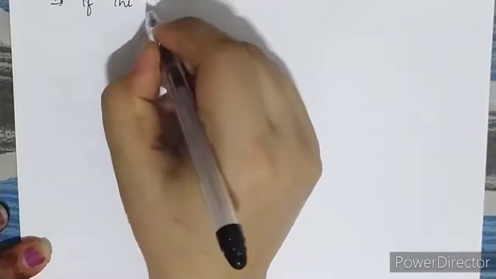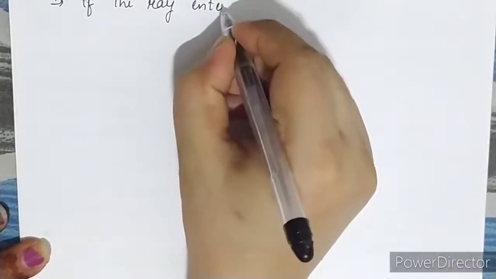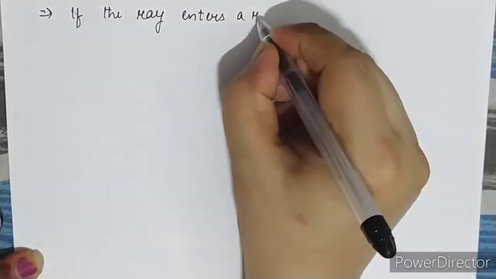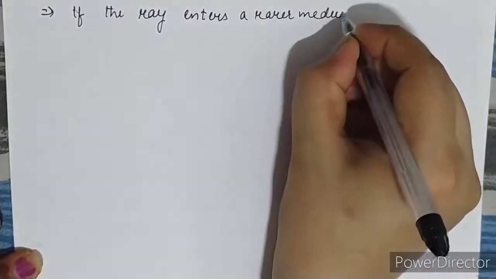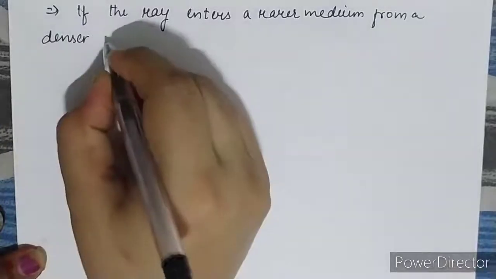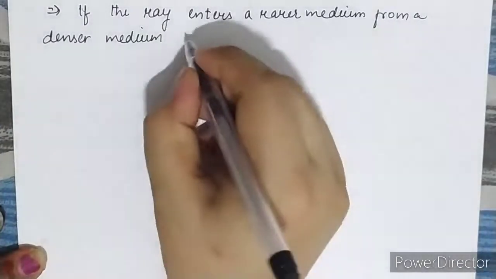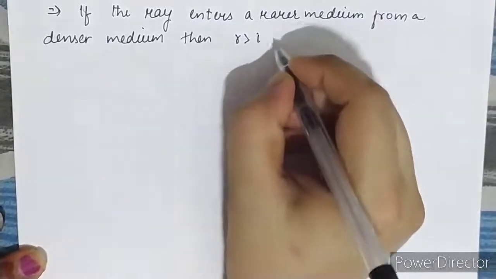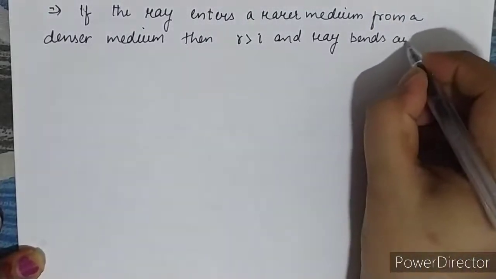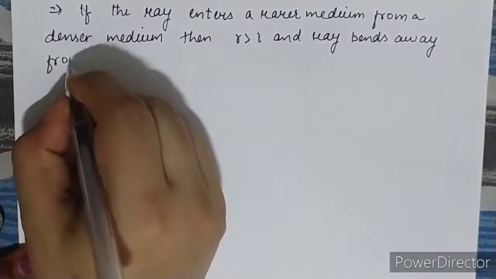So beta, if the ray enters a rarer medium from a denser medium, then R is greater than I, and the ray bends away from the normal.